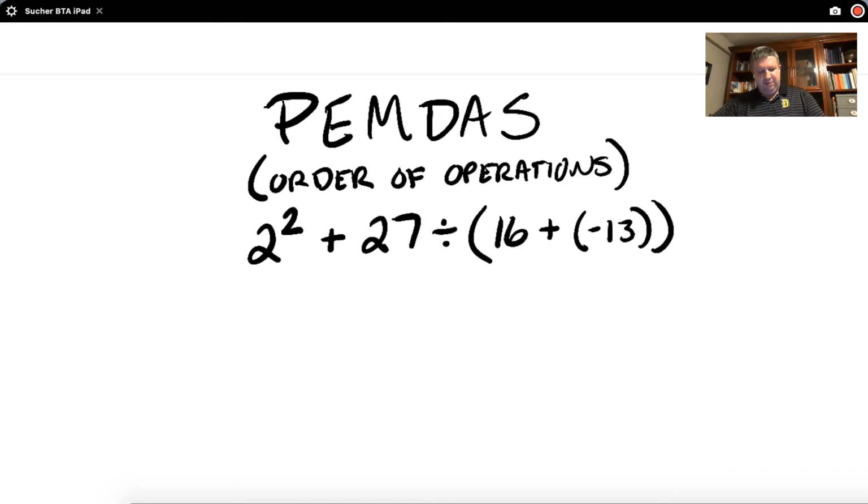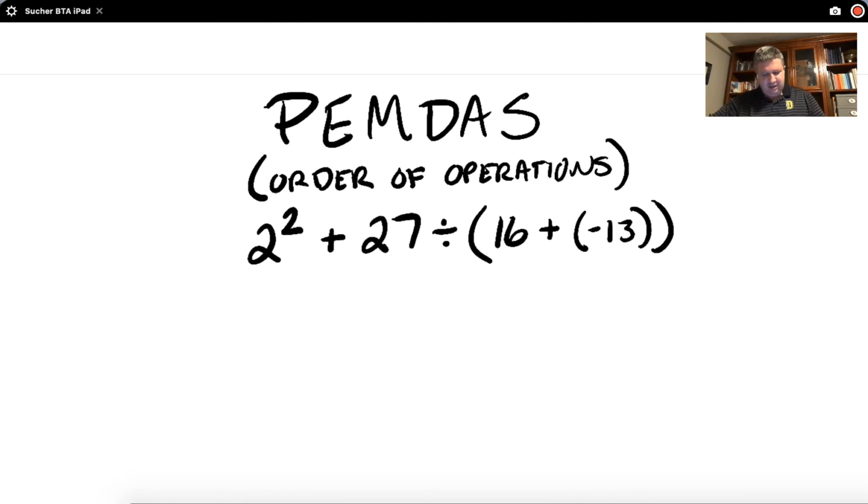So we have some different things here. We have an exponent right there. We have addition in a couple of places. We have division in a place. So we have all of these different little operations that we need to take care of, and we need to know in which order we should be either doing the mental math, which will be a lot of the practice exercises that we do, or in order to plug the numbers into our calculator in the right order.